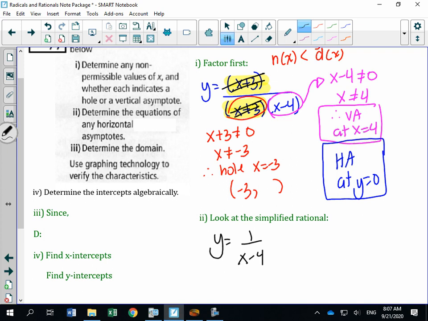I need to figure out the y value when my hole is at x equal to negative 3. So f of negative 3 is equal to 1 over negative 3 minus 4.